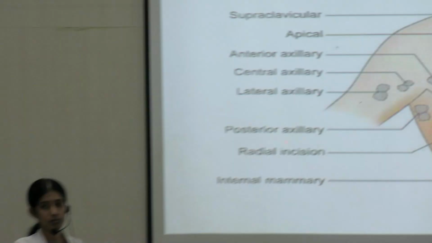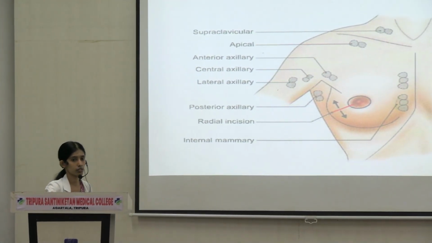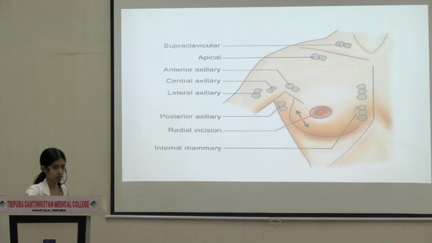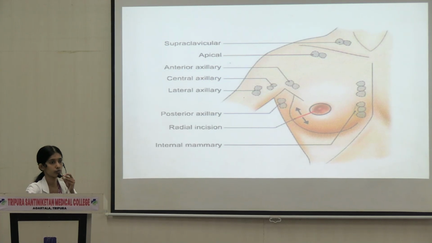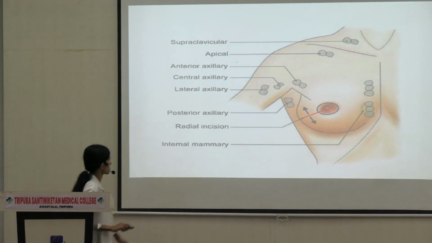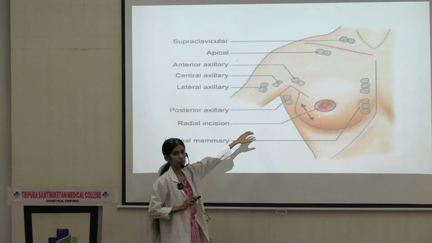What are all the conditions we have discussed in the previous sessions? Breast cancer. Remember this diagram? Yes. What is this? Swelling. Okay, fine. Others? This diagram is particularly to show the radial incision of your mammary gland.